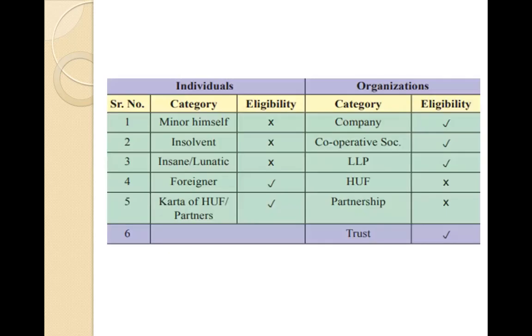Just see this chart. It clears your idea. Minor himself not eligible, insolvent not eligible, insane not eligible, foreigner eligible for membership. HUF, Hindu undivided family, only the Karta, and in partnership, partners are eligible.